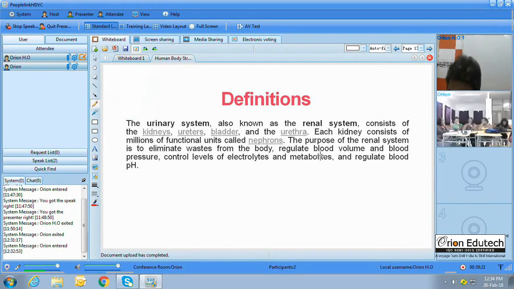Okay, so let's start. We are discussing the definition of the urinary system, which consists of a pair of kidneys, ureters, bladder, and urethra. Each kidney consists of millions of functional units called nephrons.